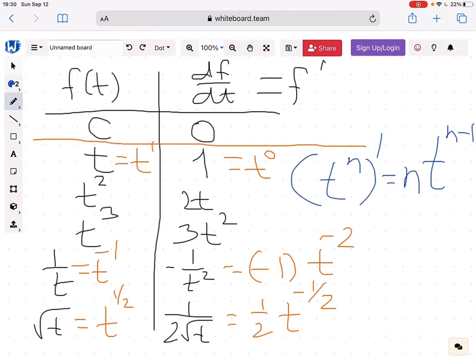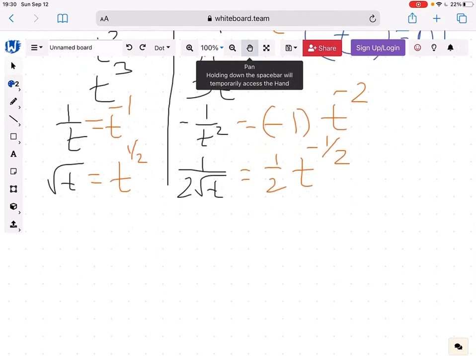Any real number you want to take, this formula is going to work. So really, we don't need to remember all these formulas. We don't need to derive in general all these formulas. The whole thing we need to do is to remember that simple formula for arbitrary power n.